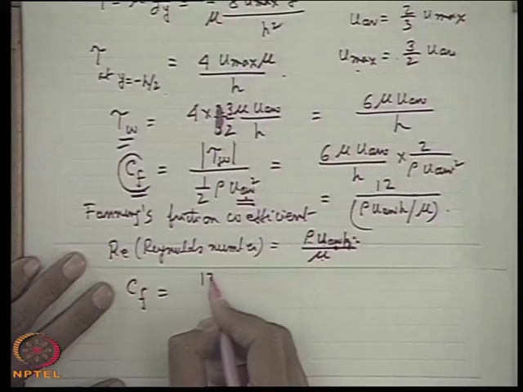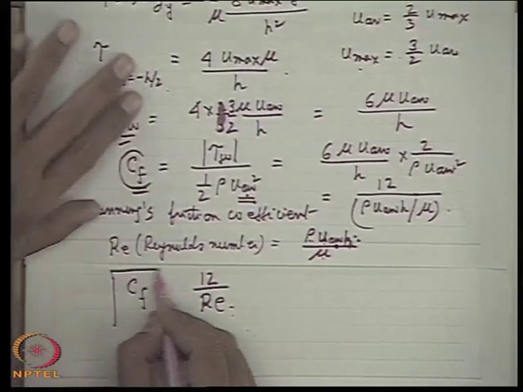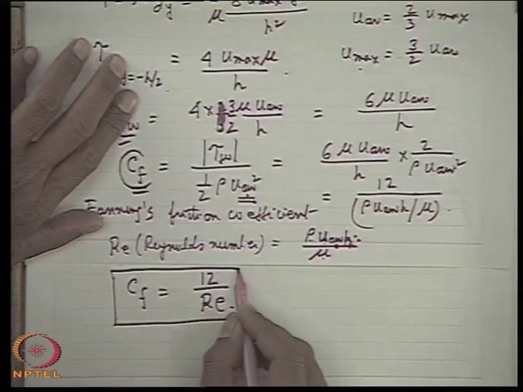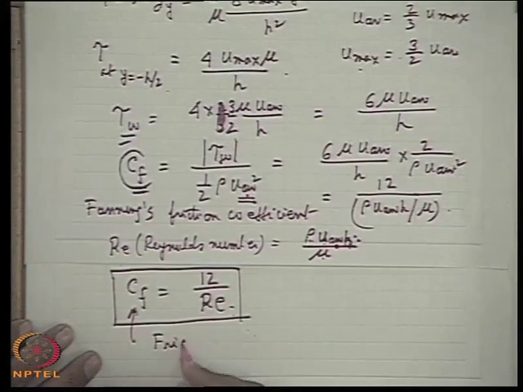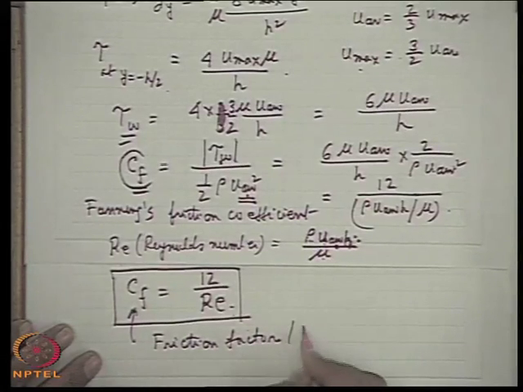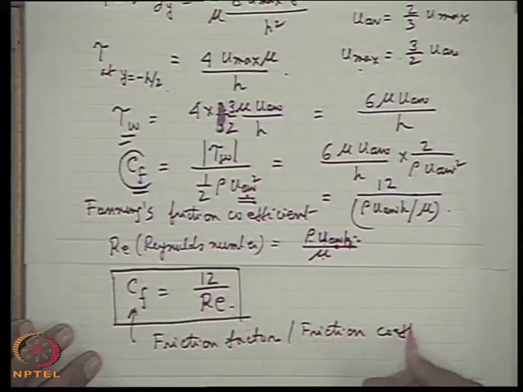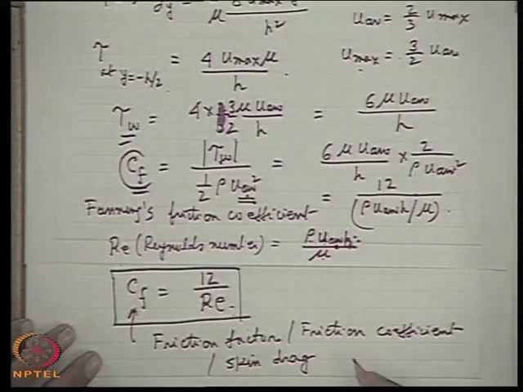This is one very important deduction for a confined flow: the friction factor, or this Fanning's friction coefficient, is known as friction factor or friction coefficient, Fanning's friction factor, or sometimes drag coefficient, skin drag coefficient, which is used in case of flow past bodies. There are different drag forces for flow past bodies that will be discussed afterwards.